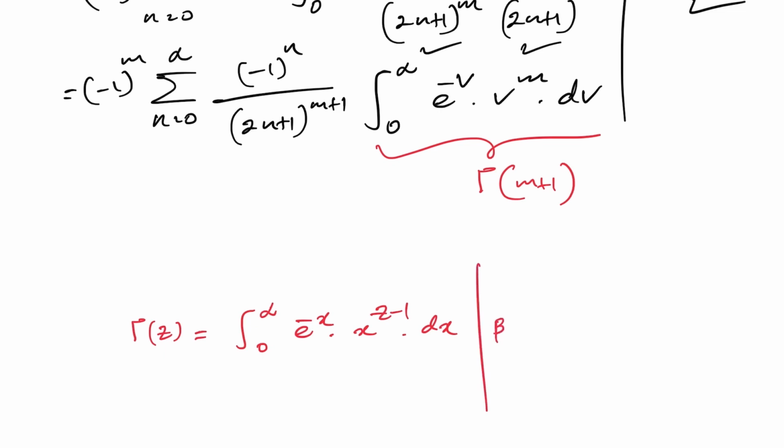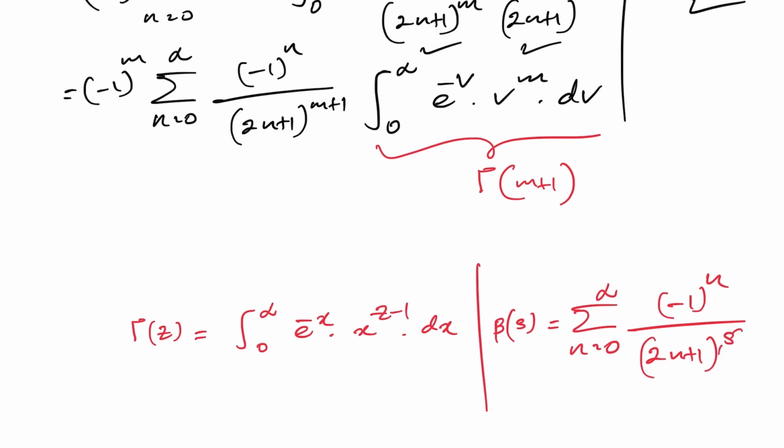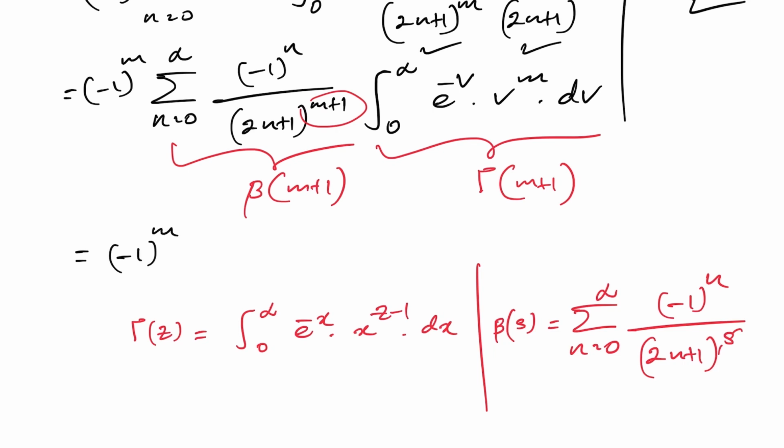In the previous video we also used beta of s is equal to the infinite sum from n equals 0 to infinity of minus 1 to the n power over (2n plus 1) raised to the s power. Now we have the m plus 1 power, so this is equal to beta of m plus 1. So we have the answer: minus 1 to the m times beta of m plus 1 times gamma of m plus 1. This is the answer.